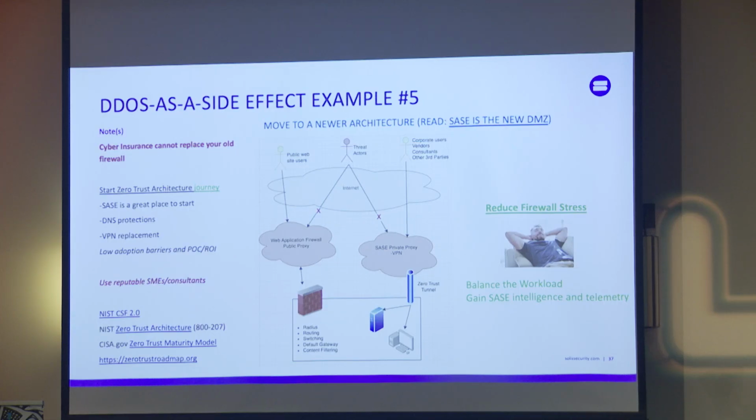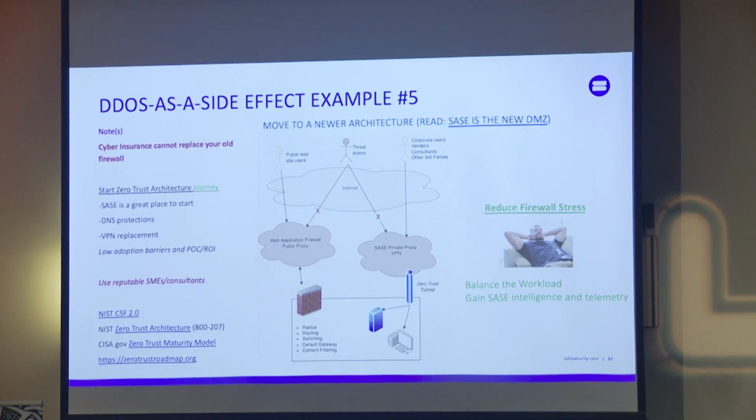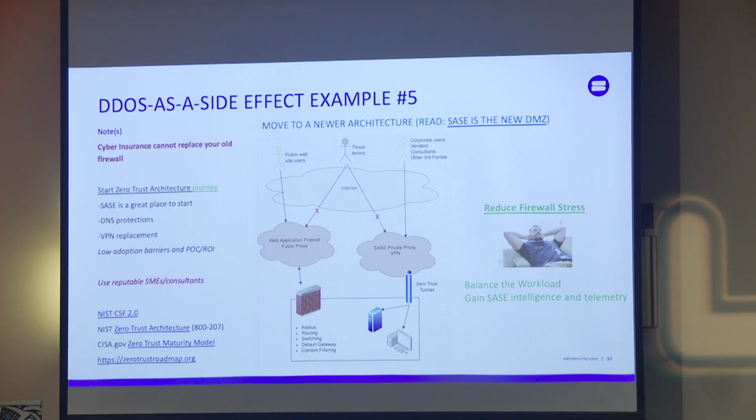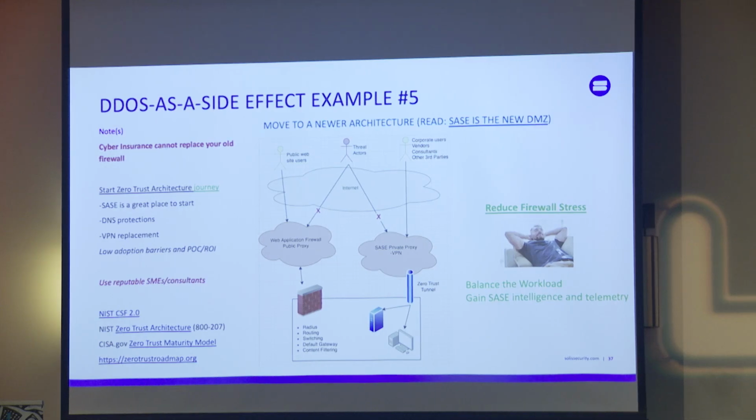But there's a lot of things on zero trust. There's NIST CSF 2.0, heavily backed up by zero trust architecture. You've also got zero trust architecture by NIST 800-207. You've got CISA.gov, who has a zero trust maturity model. And then you have zerotrustroadmap.org, which is a really good way to look at how to build these things in.